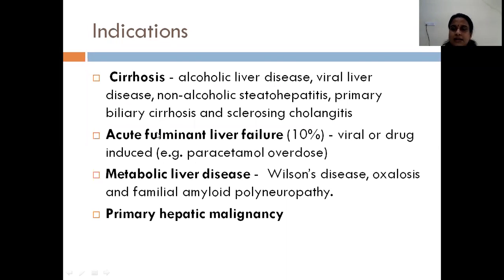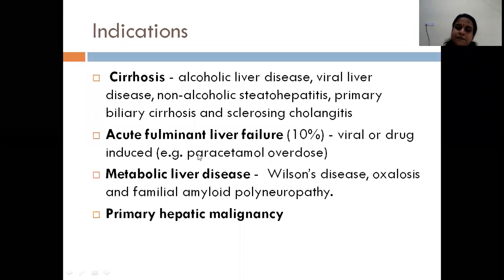MELD scores, Child scoring, all that is done before the patient is deemed fit for transplantation. 10% of cases will have acute fulminant liver failure, either viral or drug induced. Drug most commonly is paracetamol in India. In our country, paracetamol overdose will cause drug induced fulminant liver failure. Such patients are potential candidates for liver transplantation.